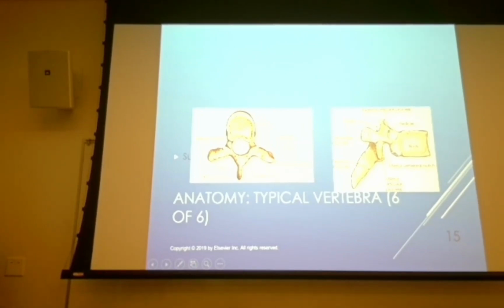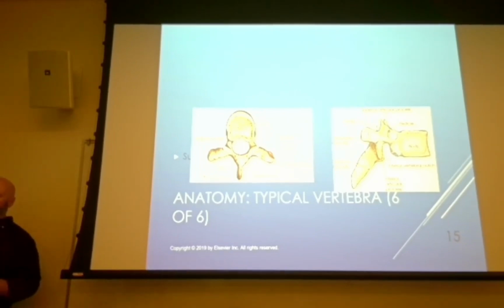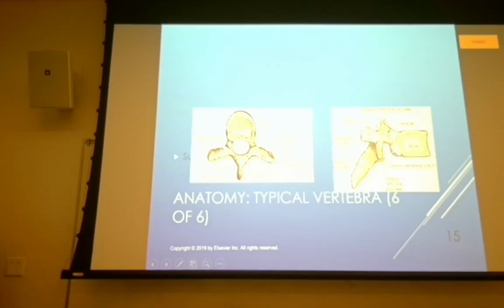The superior articular process articulates with the inferior articular process of the vertebra directly above it, and the inferior with the one directly below it. Where they come together, you've got this inferior vertebral arch, and when you put two vertebrae together, that is your intervertebral foramina.